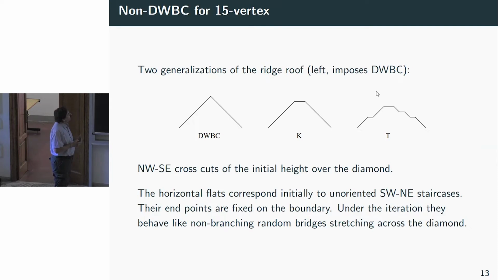But if we shave the top like this, which means that we put two unoriented staircases at the top of this in here, then that should be already something which you can't do with 6-vertex model, but which might be of some interest in 15-vertex context. And this is a bit more complicated one. An illustration of that will follow. But let's first see what happens with this K-type thing.